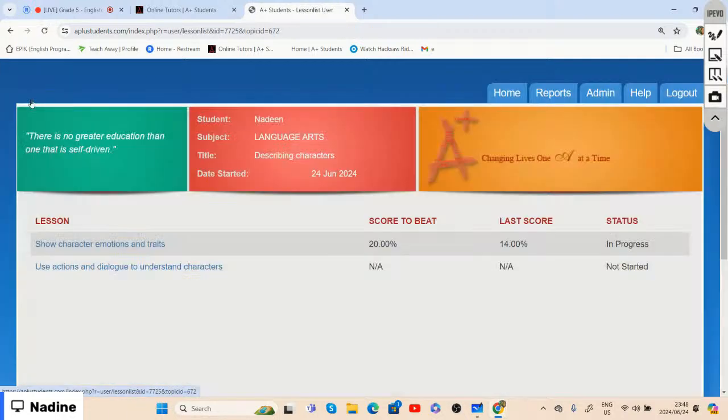So well done, everybody. All right, so we're going to stop just there, right? In our next lesson, we are going to continue with describing characters, and then we'll do the second lesson, which is to use actions and dialogues to understand characters. But now we've come to the end of our lesson where we describe characters.